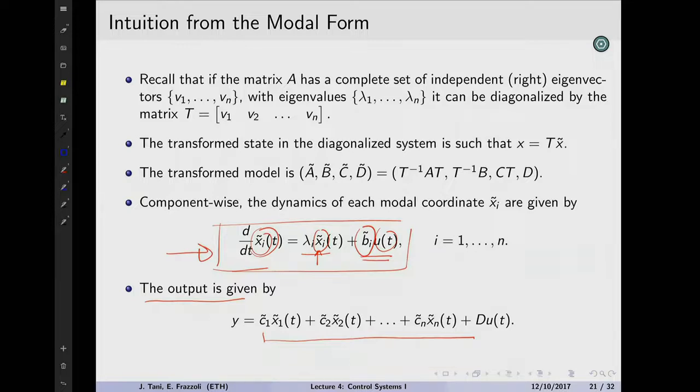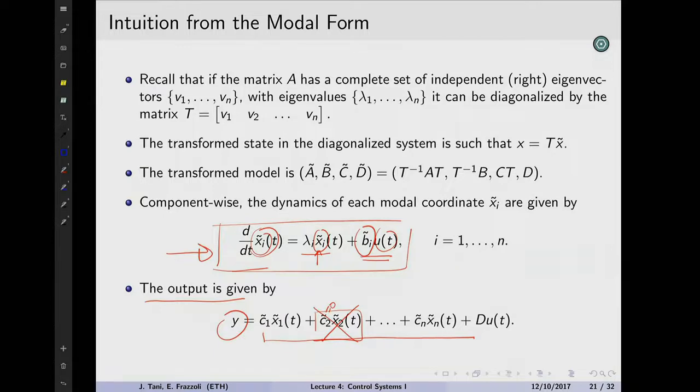On the other side, suppose the output is given by a linear combination of these terms. Definitely if, for example, C2 here were equal to 0, this direction x2 tilde would not contribute to the output.